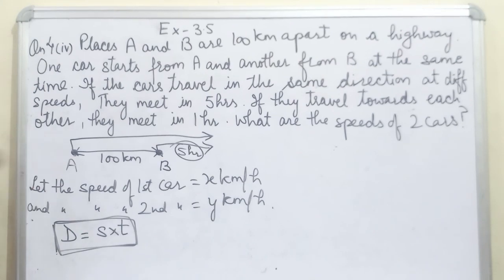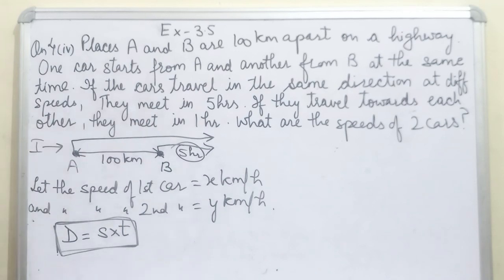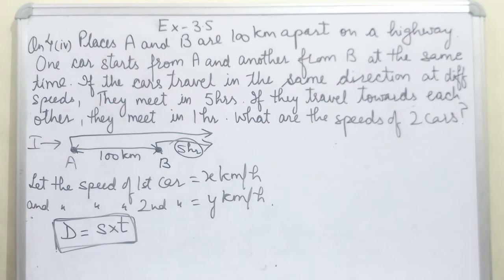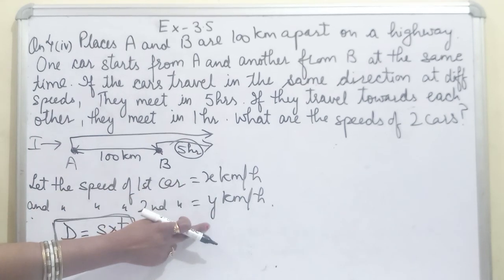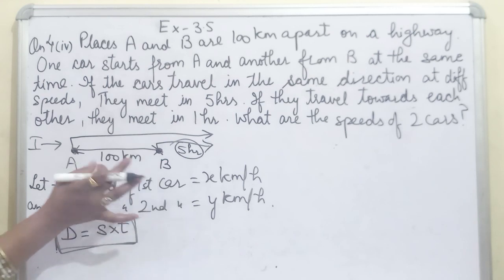Now if I'm taking the first condition, that cars are moving in the same direction, and we have supposed their speeds as x and y, and we know that the distance between these 2 places is 100.